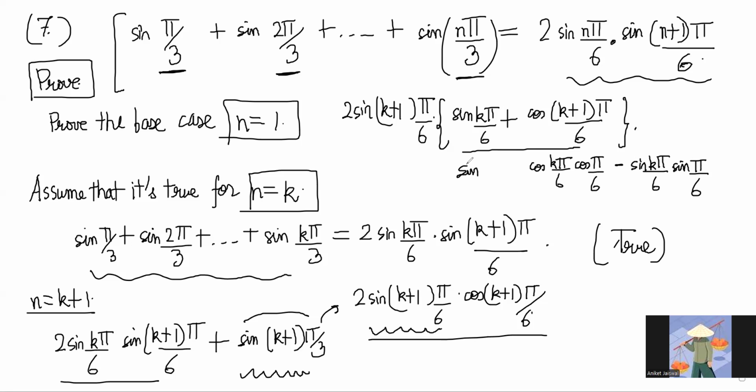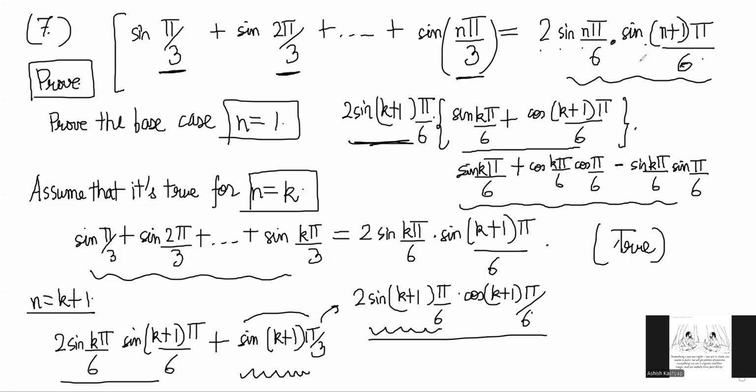And you have a sin(k pi/6) here. You have to prove that the formula is also working for k plus 1. So you already have a 2 sin((k+1) pi/6) term outside. What is the next term? It would be sin((k+2) pi/6), right? Yes sir. So we have to show that this stuff is going to be equal to sin((k+2) pi/6).